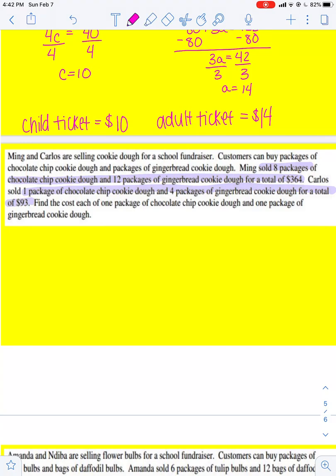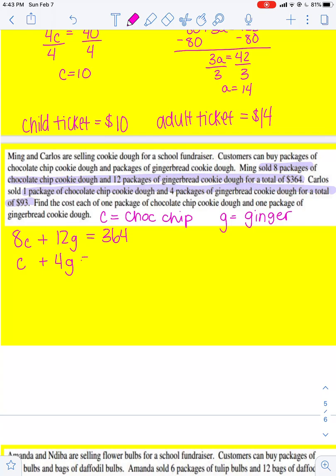So we are going to use C for chocolate chip and G for gingerbread. So this first one, we've got 8 chocolate chip plus 12 gingerbread for $364. And then the second one, we've got 1 package of chocolate chip plus 4 gingerbread for $93.